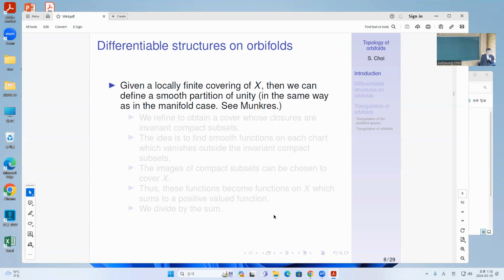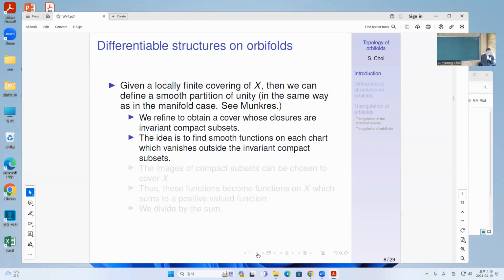And the point is you can define these regardless of whether there's a singularity or not; the partition of unity also exists. The argument is very similar to the ordinary case, but you just have to make it invariant under the group G. Then you have to make sure that you sum up to an always positive function, and then you divide by that function, and then you get a partition of unity.